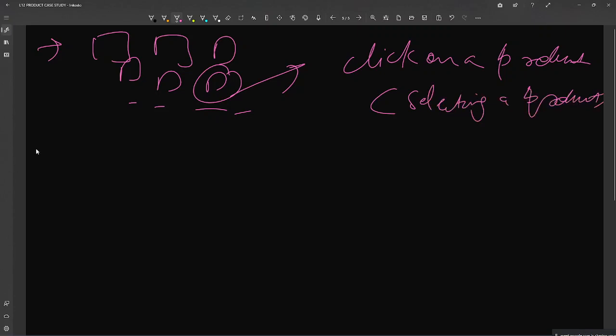Now what happens after selecting a product? This is, let's say, the fourth step. This is the E step. What happens then? Basically we call that product information.